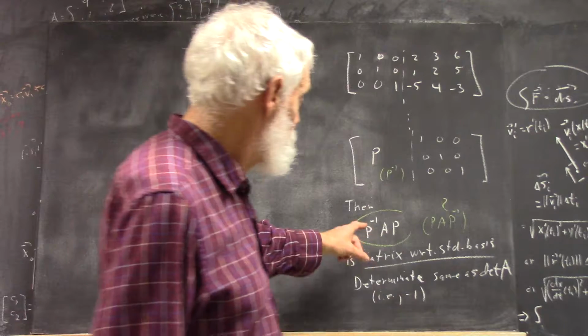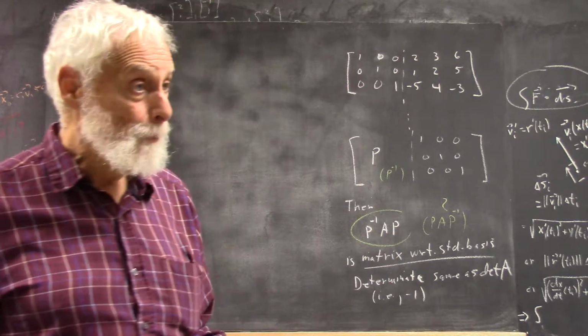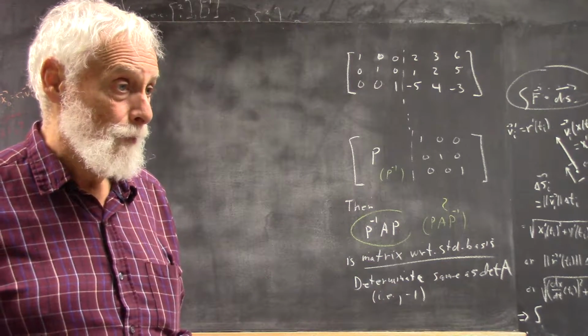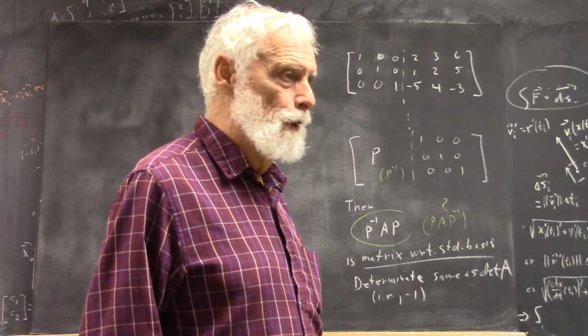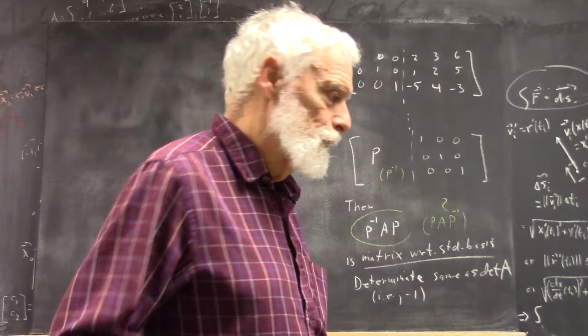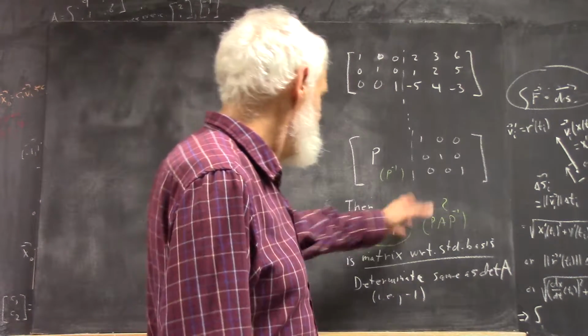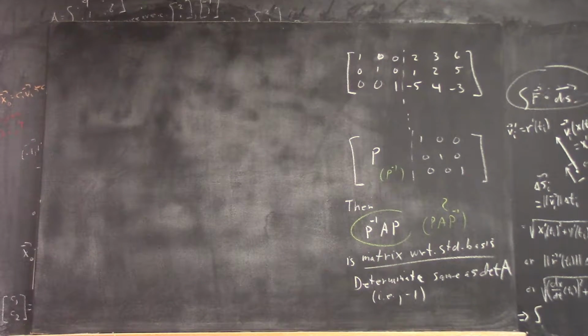In other words, this transformation will diagonalize the matrix. And actually, I think I've got these backwards, because P inverse AP is the one that takes you from standard basis to the eigenvector basis. But work out the details of that and understand why it is what it is.